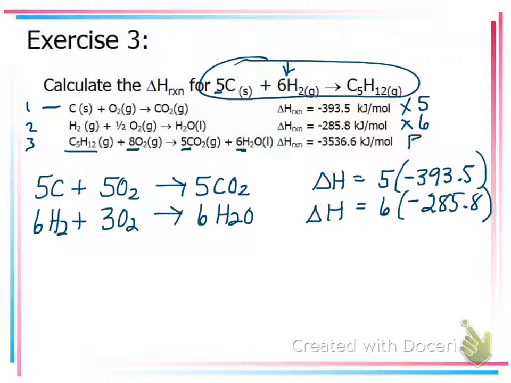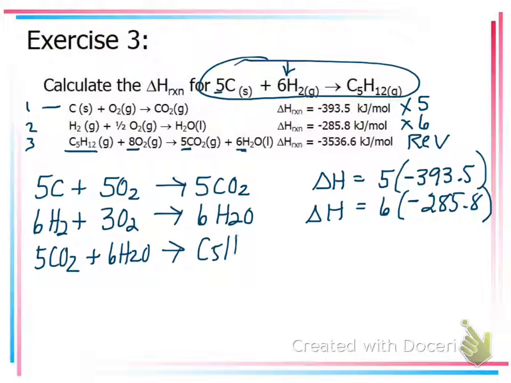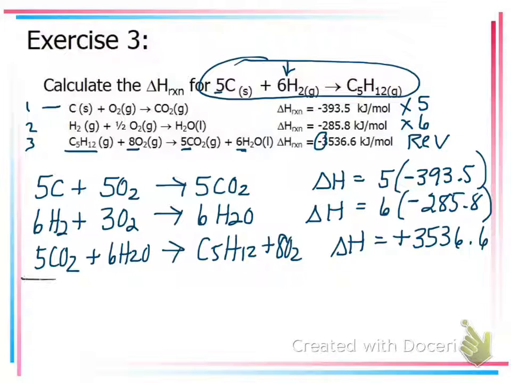I just need to reverse it. So I'm going to reverse that. So now it's going to have 5 CO2 plus 6 H2O yields C5H12 plus 8 oxygen. And so for that delta H, I need to reverse the sign, because I reversed, so I'm going to say positive 35, 36.6.